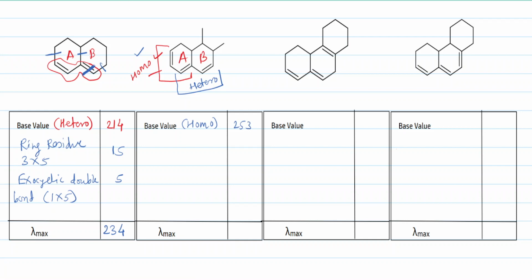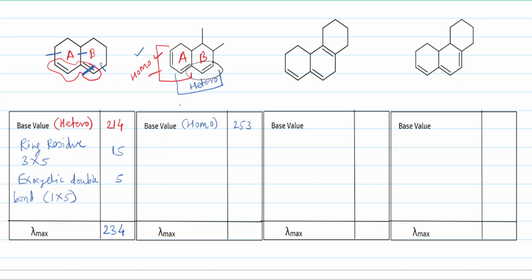Now this conjugation is considered an extended conjugation because it is in conjugation with this diene system. So there is an extended conjugation, and it has a 30 nanometer addition. Now ring residues: this is the first ring residue, this is the second, and this is the third. So ring residue, 3 into 5, is equal to 15.